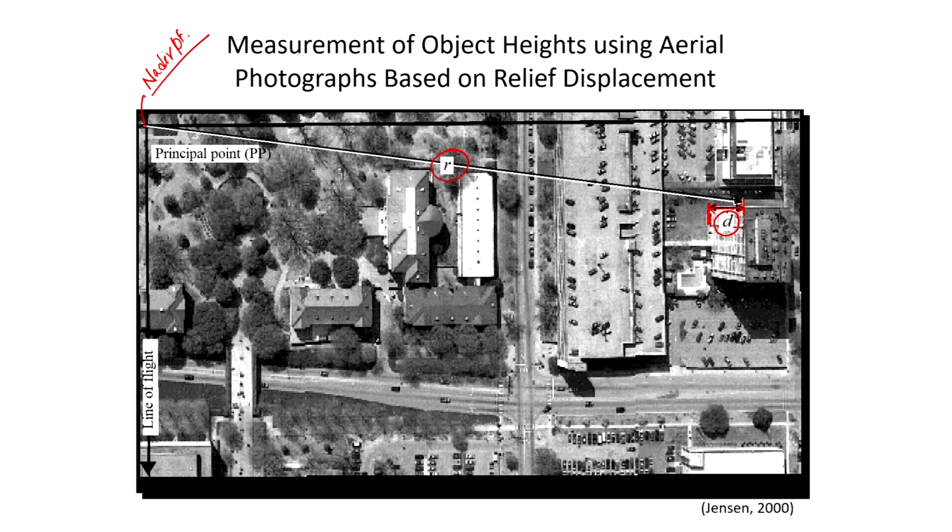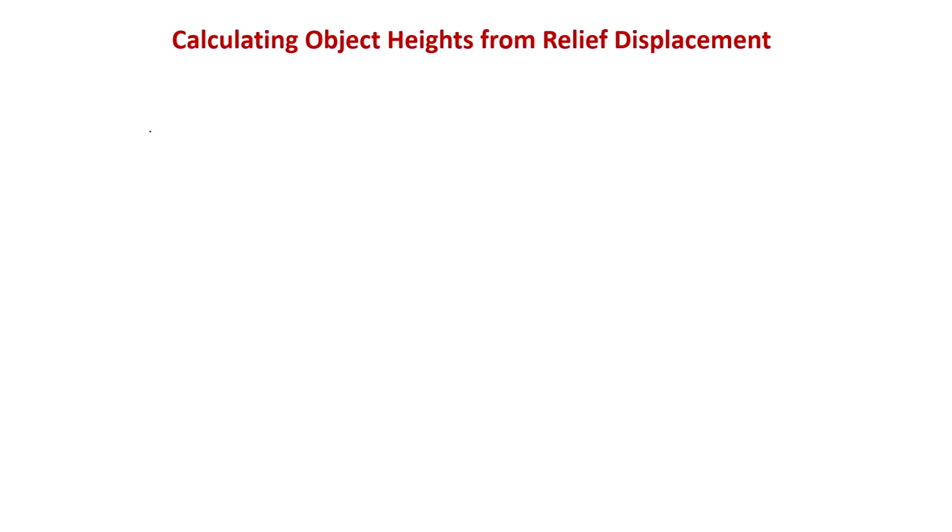Other required information, such as the flying height, you will get from the aircraft you are flying. Just keep in mind that you need small r and d here: d is the height of the building, the distance from the top to the base, and r is the distance from the principal point of the photograph.